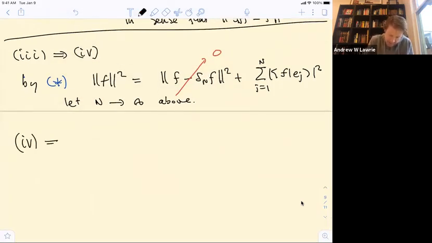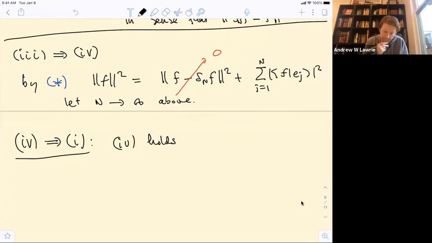Okay, and then finally, 4 implies 1. So 4 holds.